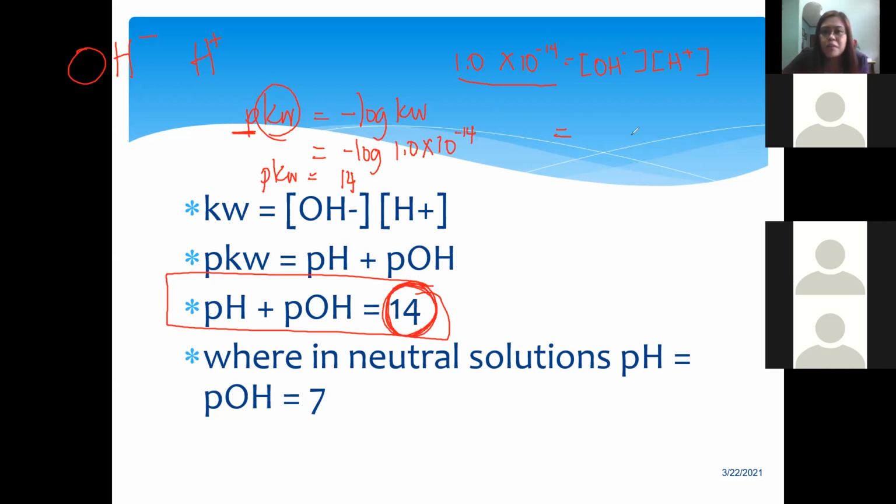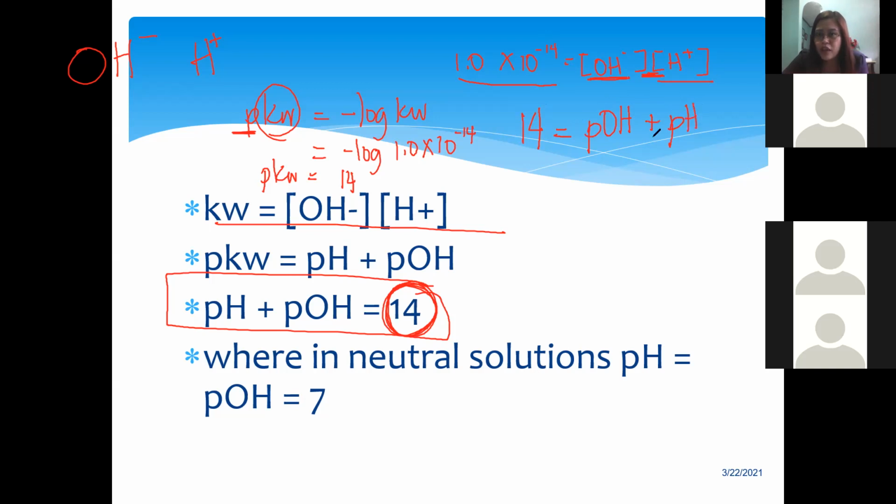Pero pag pH plus pOH na, hindi na siya i-multiply unlike sa original na formula. This time, if nakuha mo na ang pKW which is 14, i-convert mo sa pOH, and mahimo na siyang pH.